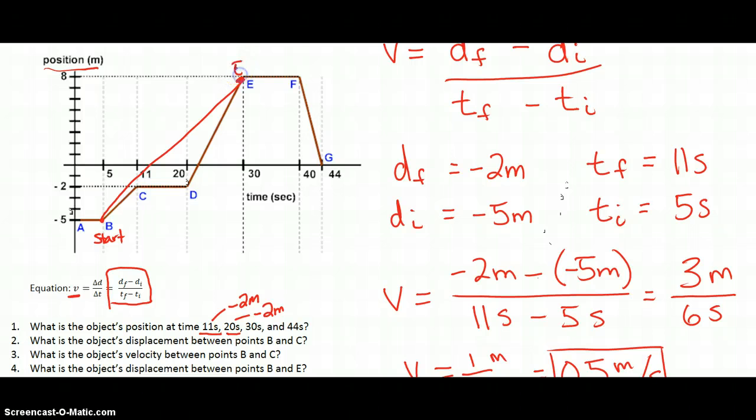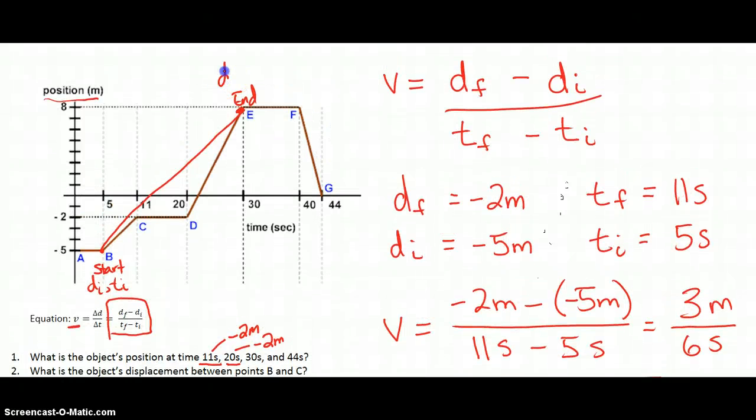This is going to be my end point. So when I find my d sub I and t sub I, it's referring to this point, and d sub f and t sub f are going to be referring to that E.